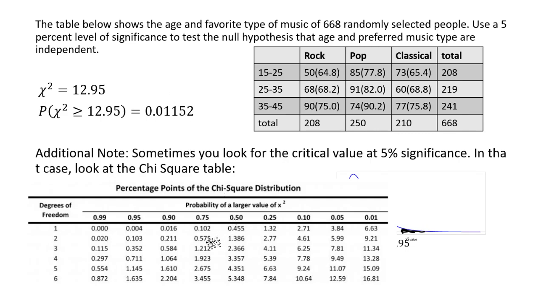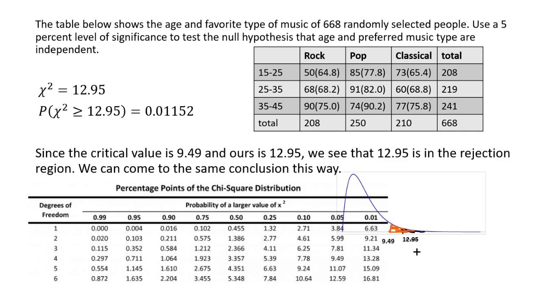So in that case, you have to look at the chi-squared table, and because our degrees of freedom was 4 and we're looking at 5% significance level, you can see the value is 9.49. Well, what does that mean? That means that the rejection region is 9.49 and afterwards, and our 12.95 falls in the rejection region, and we can come up with the same conclusion as before.